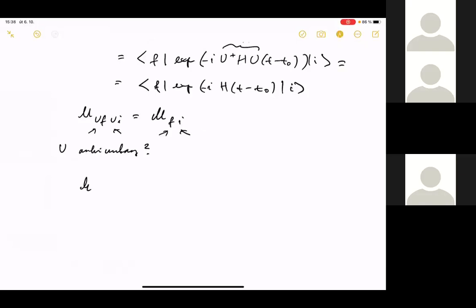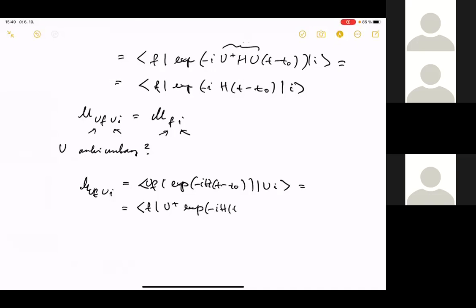Of course, we can write M F U F U I as F U exponential of minus iH(t minus t0) times U I. But now we have to use the definition of the antiunitary operator, and we know that this can be written as F U cross this exponential, but complex conjugated.